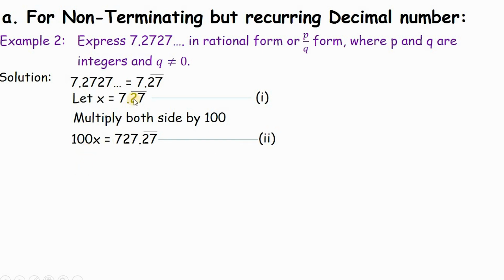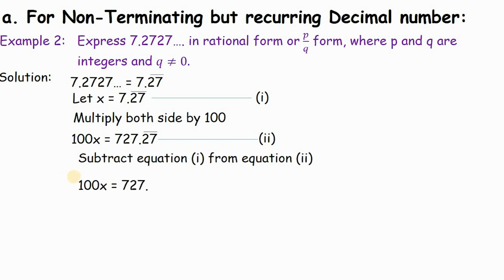So now in equation 1 and equation 2, you will notice that the digits after the decimal points are exactly the same. Therefore, we'll subtract equation 1 from equation 2. So we'll write equation 2 first, that is 100x equal to 727.27 bar, followed by the first equation, that is x equal to 7.27 bar, and then we'll subtract it.